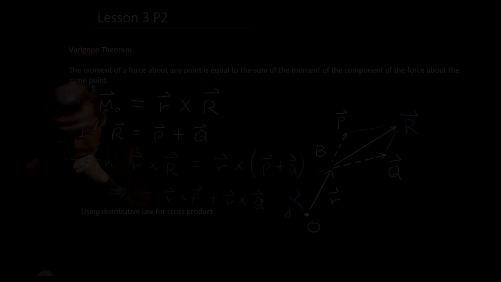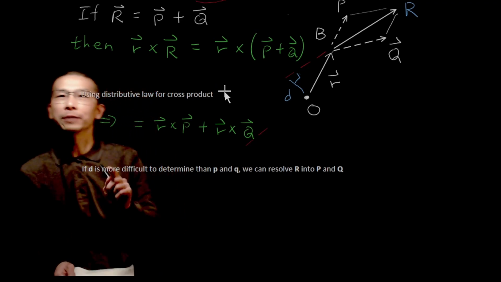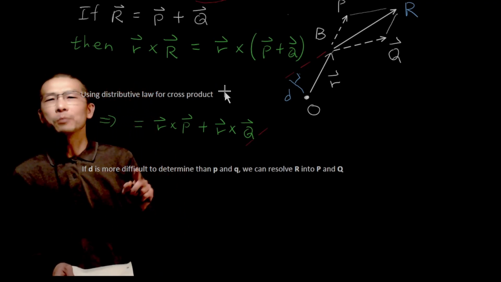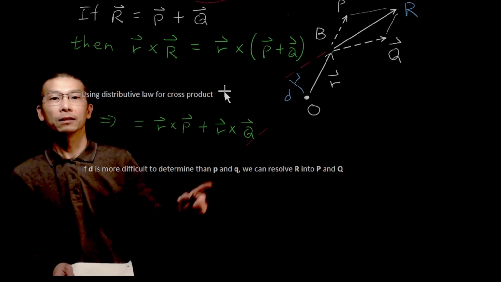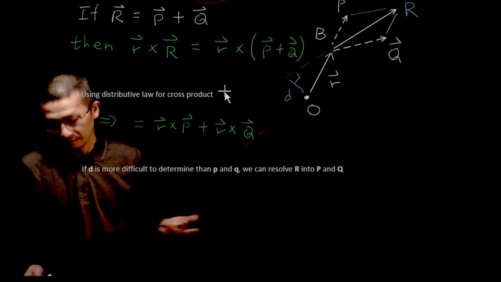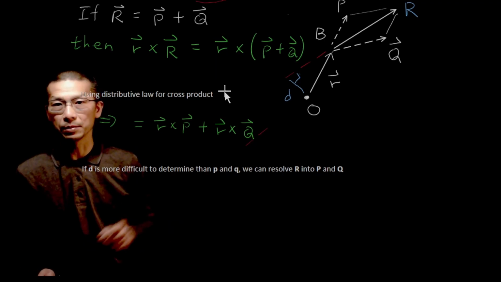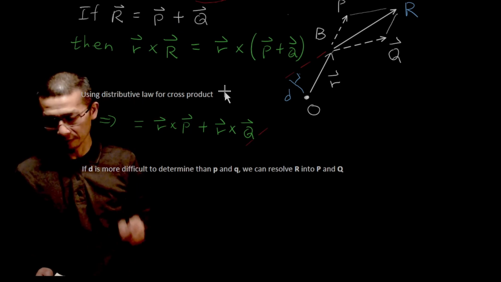Okay. So if D is more difficult, let's read here. If D is more difficult to determine than P and Q, then we can resolve R into P and Q. Right? For convenience, based on the theorem above.